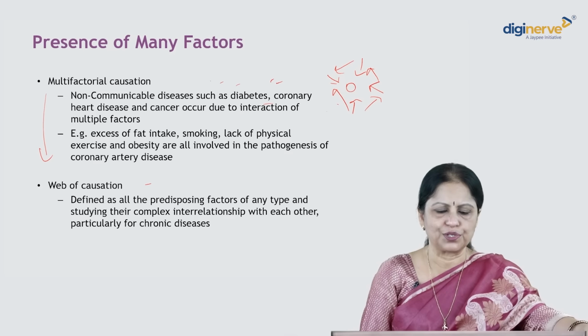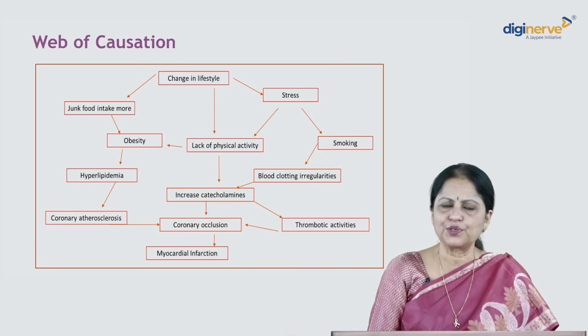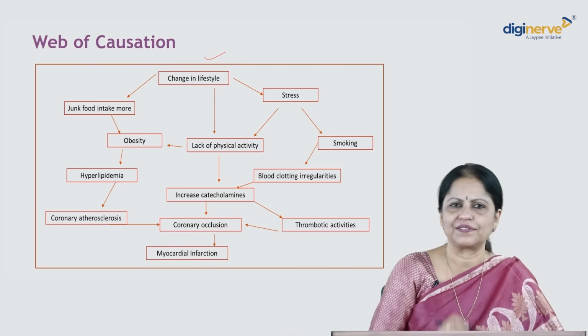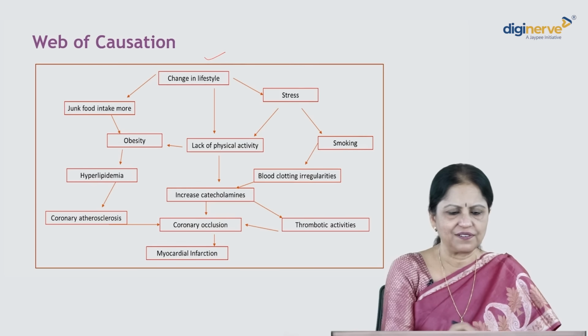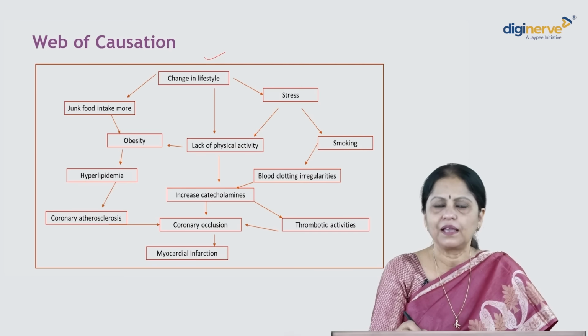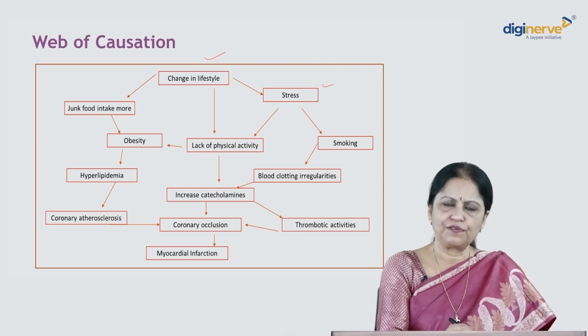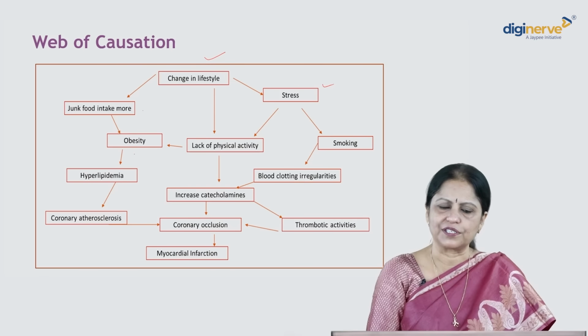So I will show this to you, how it is happening. So this is web of causation. If you look into it, the first thing is change in lifestyle. What change? The person is taking a lot of junk food intake. The person has a lot of stress in life. Because of the junk food intake, he is developing obesity.